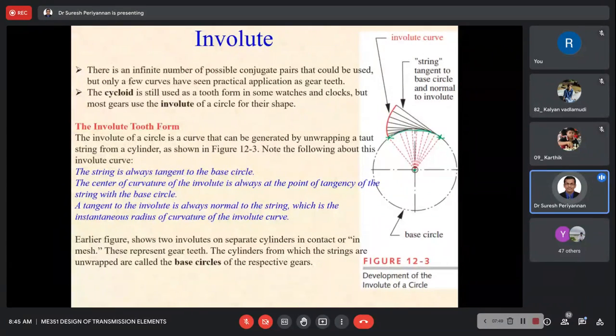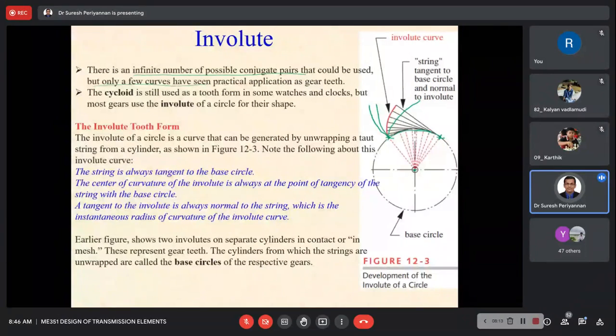As I told you, there is an infinite number of possible conjugate pairs that could be used here, but only a few curves are going to have practical application for the gear teeth. What are the few curves? For example, maybe I'm considering this as one curve, this another curve, this another curve.